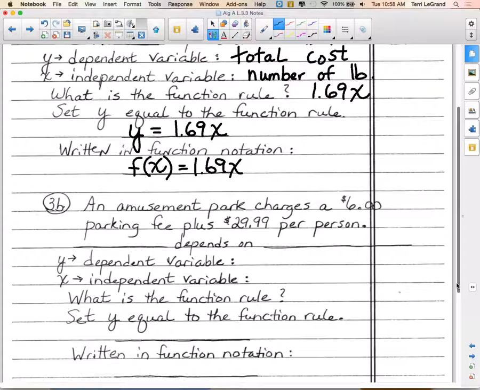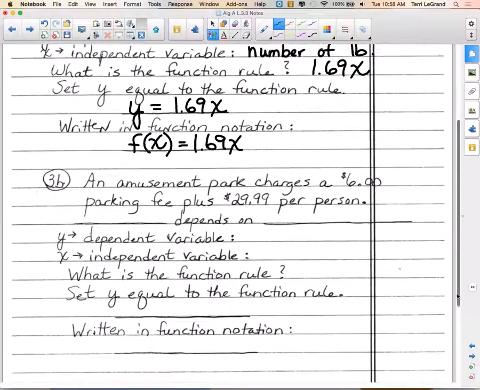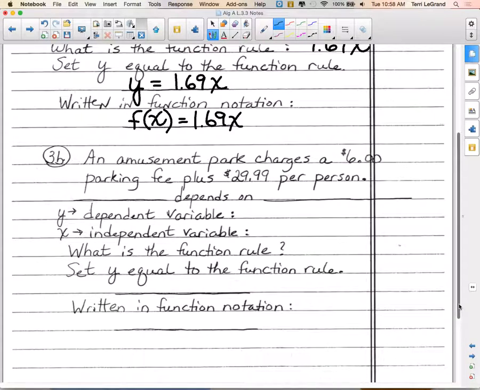Okay, resort to your calculators. Yeah, $3.38. So f of x is going to be $3.38. The total cost is going to be $3.38. So f of x is standing in for y, the total cost, and we can get it by just taking 1.69 times the number of pounds.